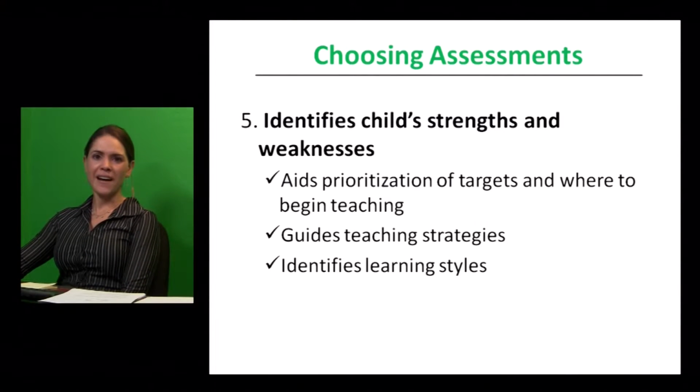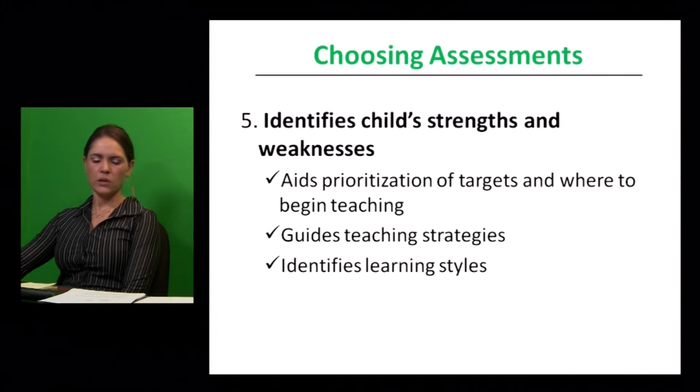Okay, number 5, it would be wonderful if an assessment could identify a child's strengths and weaknesses, which would basically help people to prioritize which targets they want to work on, exactly where maybe they should begin teaching. It could also guide teaching strategies, so we know, like, if a child has a strength with visual stimuli or something like that, we may use that initially and then do more things visually and then eventually fade out those prompts.